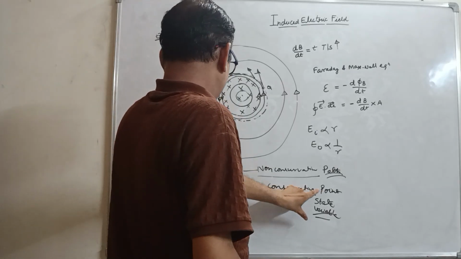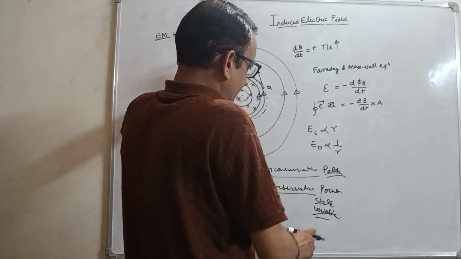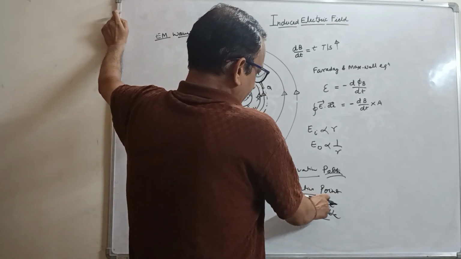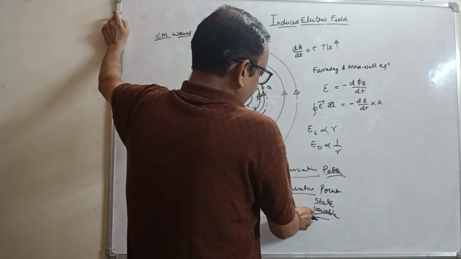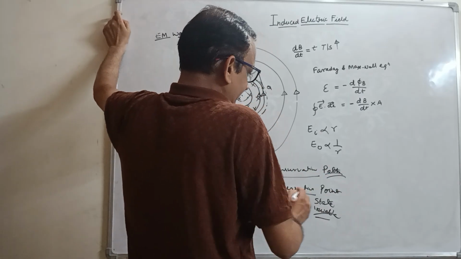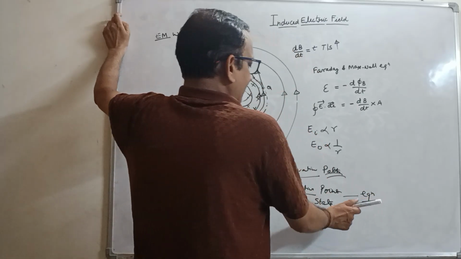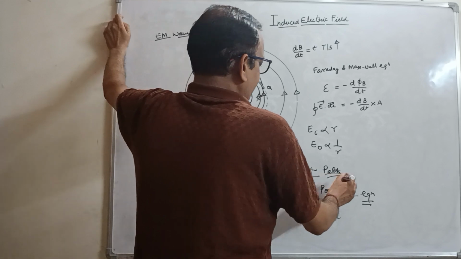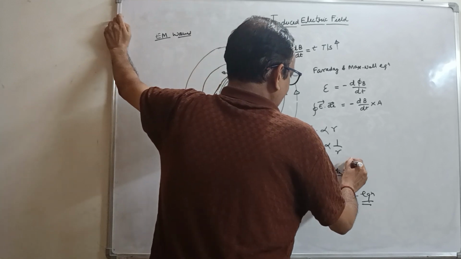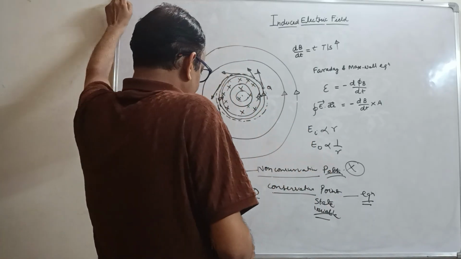This work in a conservative static charge is a point variable and depends on the initial and final state, and the system is in equilibrium. Here, thermodynamic equilibrium is not present.